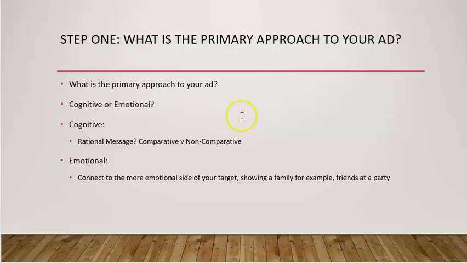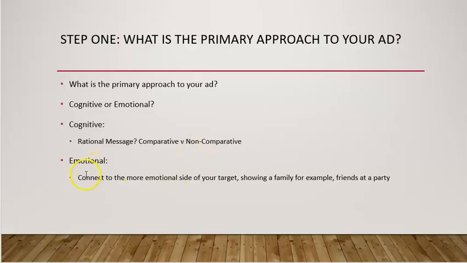So then we're going to talk about the approach that you're going to use with your ad, and in this case we want to talk about what's the primary approach to it. If you recall from the text, you read about cognitive or emotional types of approaches, so make a choice of those. If it's a cognitive approach, it's really to support a rational message, a comparative versus a non-comparative type of ad.